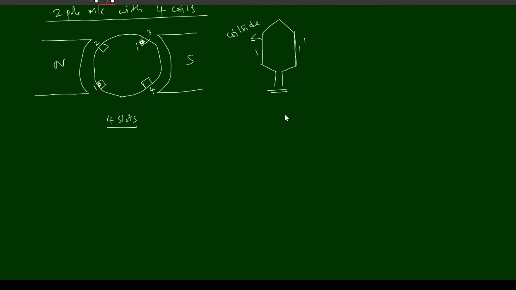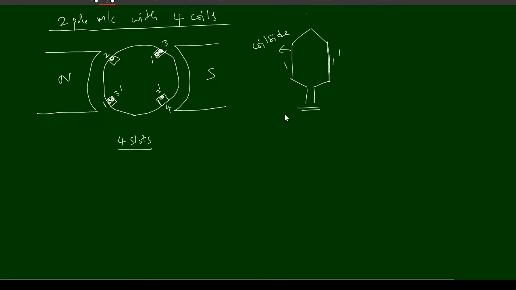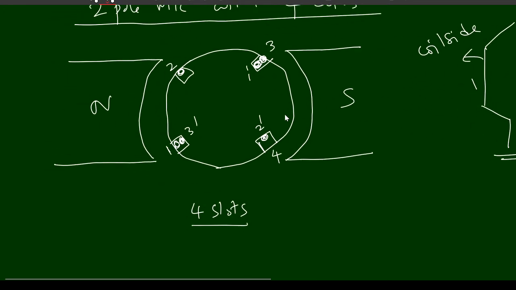The next, 2, is placed on top of slot 2 and 2 dash at the bottom of slot 4. And 3 is placed on top of slot 3 and 3 dash at the bottom of slot 1.